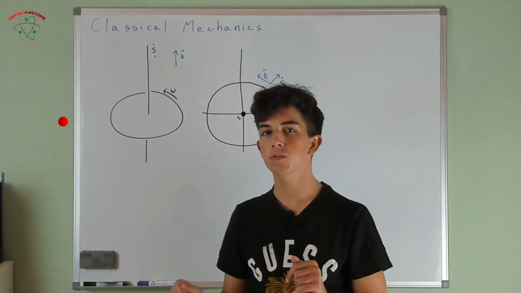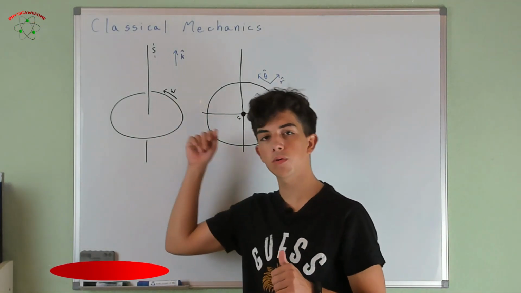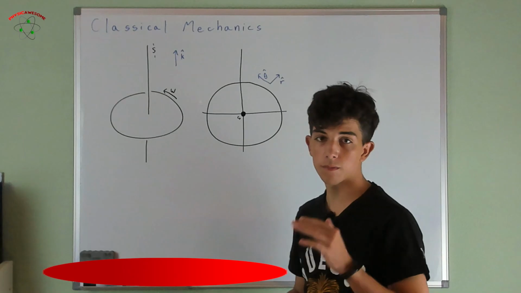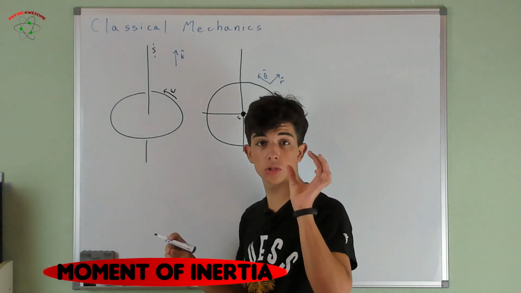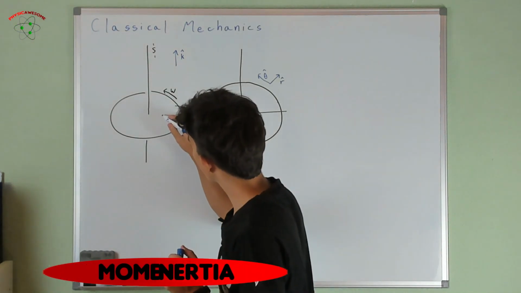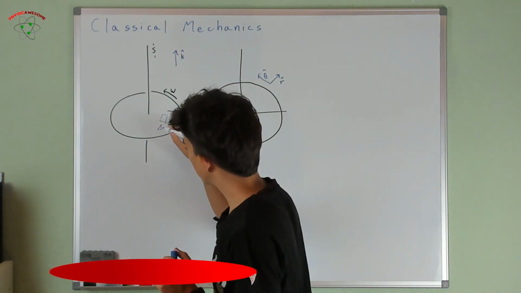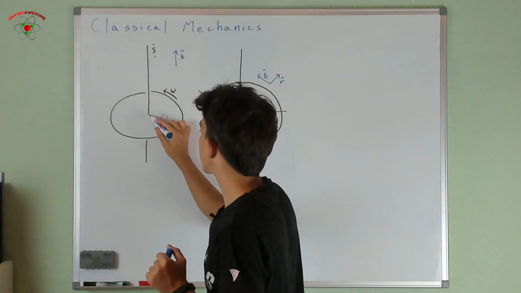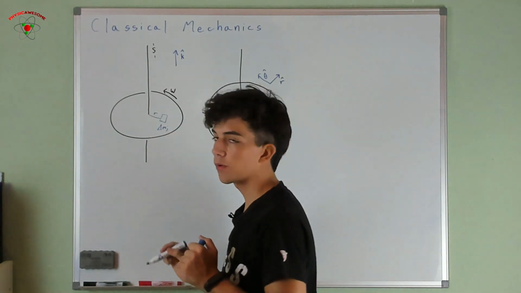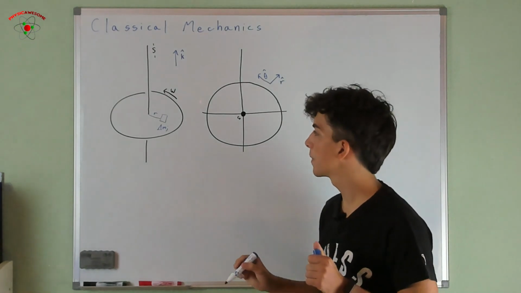Right, let's try and see what the kinetic energy of this rotating body would be. This is a flat disk, and we're just going to take a small chunk of mass over here, delta m_j, and this is going to be at a distance r from the rotational point.